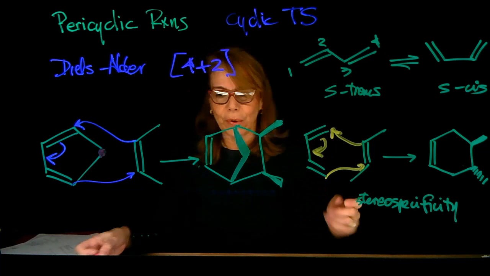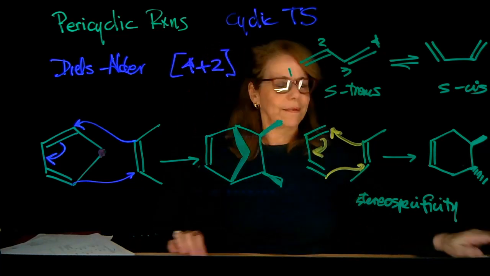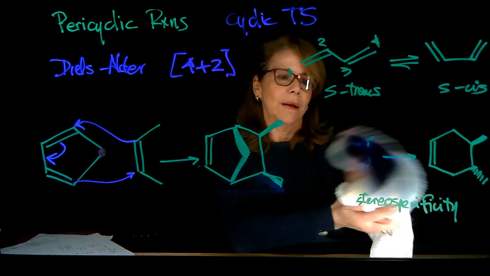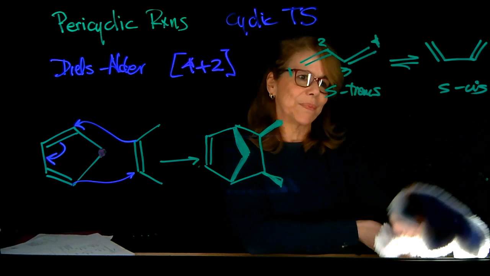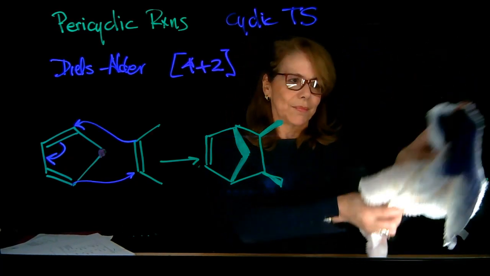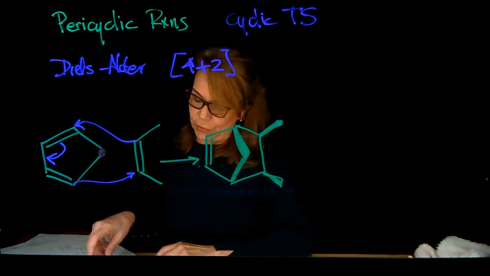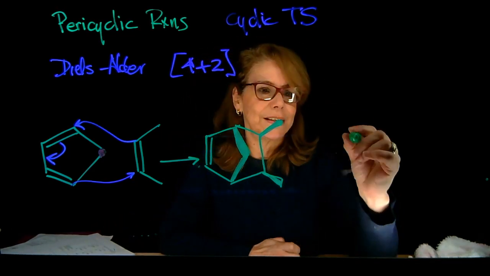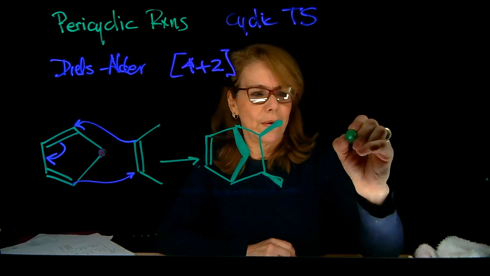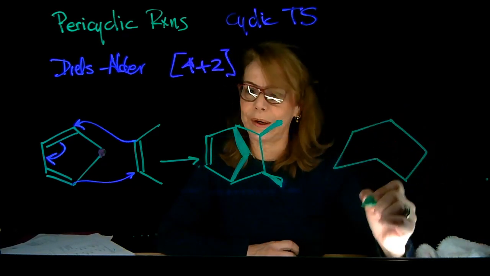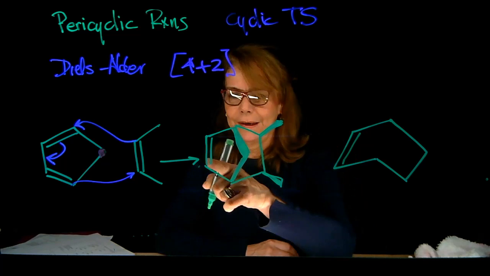There is another way of drawing this, and it is in perspective. Now I'm going to do that type of drawing, removing this one here. I'm going to draw the cyclohexene in a different way, with 6 carbons this way, and that is the double bond.